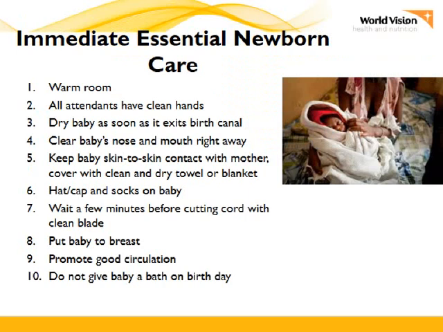In terms of immediate essential newborn care sequence, we do teach this to village health workers, not because we wish to encourage any home births, but because in the event that a home birth does happen by accident, or if somebody goes into labour very, very quickly, then we just like to teach them how those 4 principles are maintained in the immediate newborn care sequence. So starting with number 1, the room should be warm.